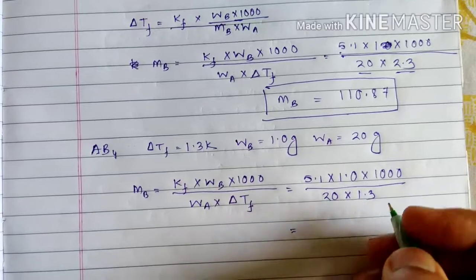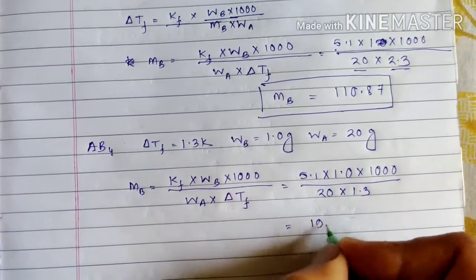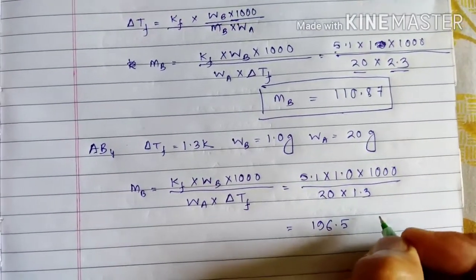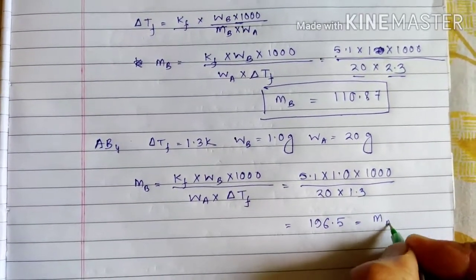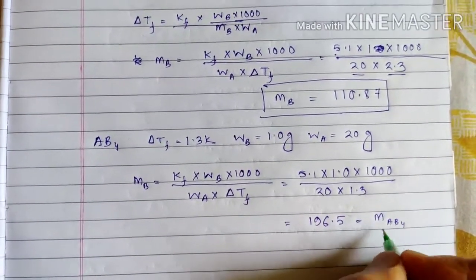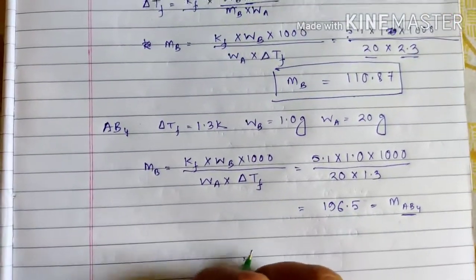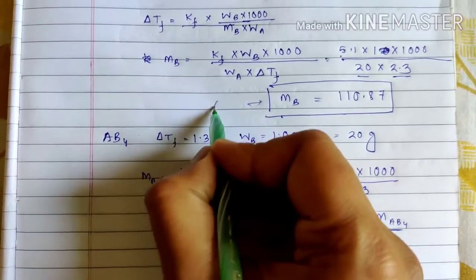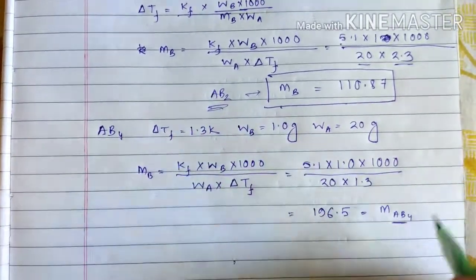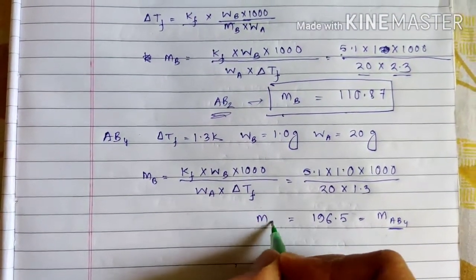If you calculate it separately, you should get 196.5. This is the molecular mass of AB4. So we have got two molecular masses, one for AB2 and one for AB4.